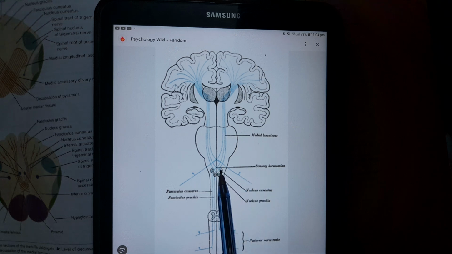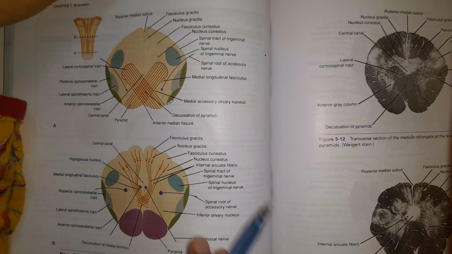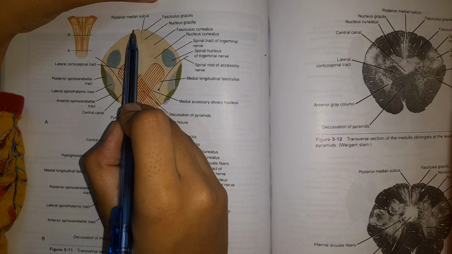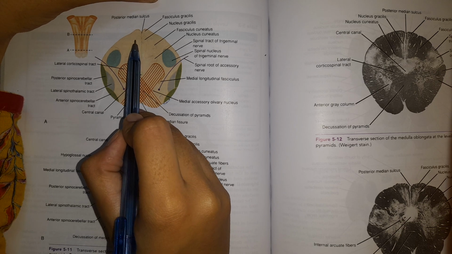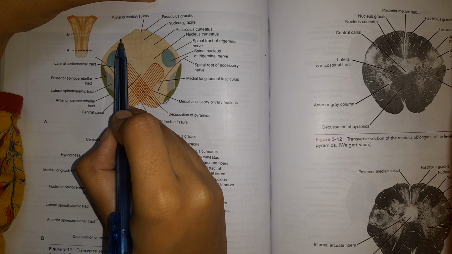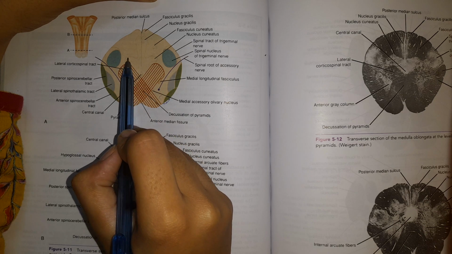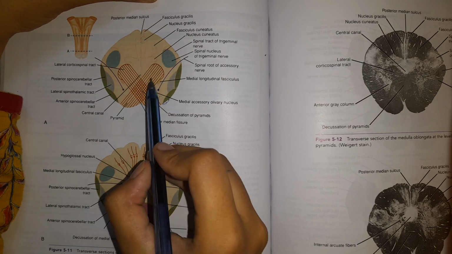They actually terminated in these nuclei, which were nucleus gracilis on the medial side and nucleus cuneatus on the lateral side. Due to the presence of these nuclei, the medulla oblongata has posterior elevations which are actually called the tubercles. So this tubercle over here will be the gracile tubercle with the nucleus gracilis. This will be cuneate tubercle with the nucleus cuneatus. That is all we can see.